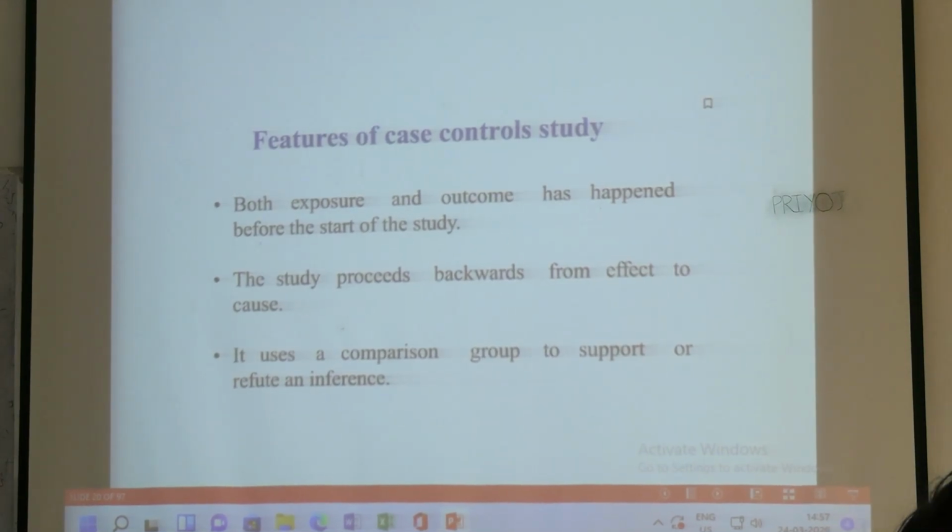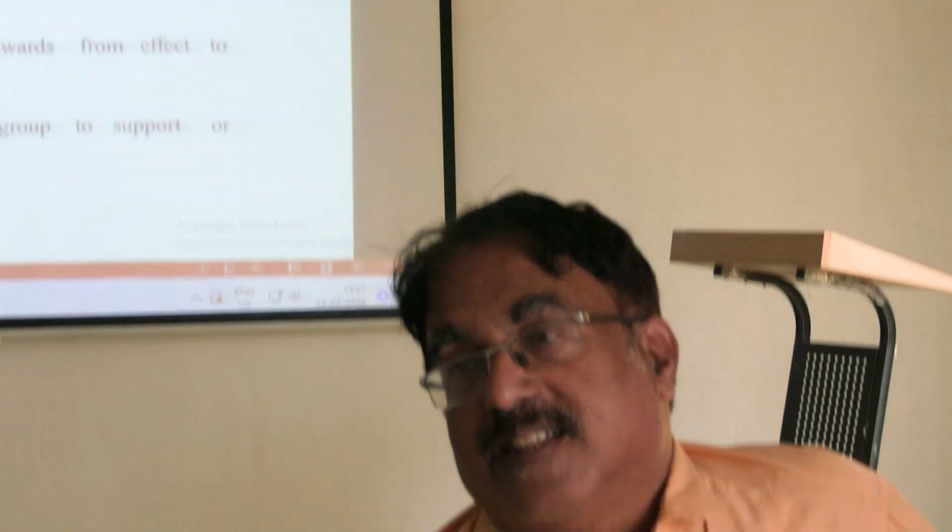How does Nipah spread? How did it spread? Suppose I say the 2 cases in Nipah, they had khijur rush. I'm just saying khijur rush is a risk factor. So then I have to get another group who also took khijur rush but did not have Nipah. Two people drank khijur rush and then got Nipah, but I'll have to take another group who have also taken khijur rush but have not had Nipah.